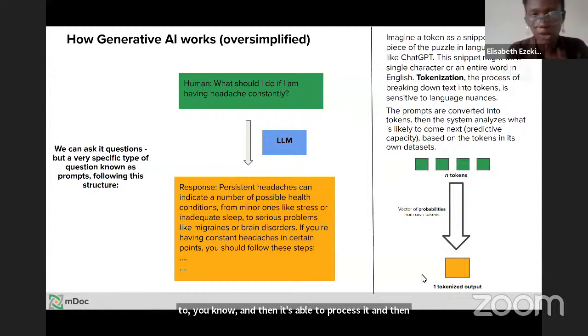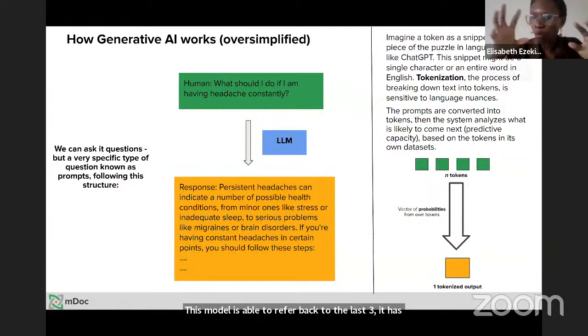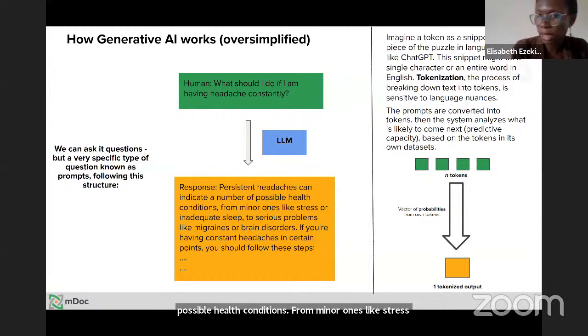So we ask it specific questions. For example, a human asks the large language model, what should I do if I'm having a headache constantly? The model is able to refer back to the large training data set it has been exposed to, look for information that speaks to what a human should do, and then provide a response. So it says, persistent headaches can indicate a number of possible health conditions, from minor ones like stress or inadequate sleep to serious problems like brain disorders or migraines.